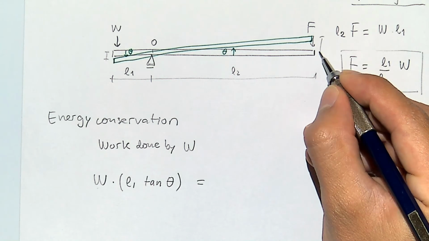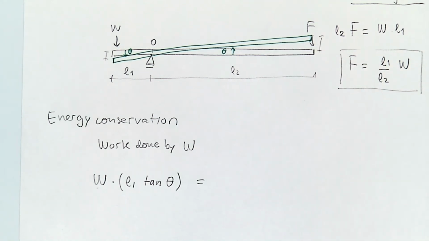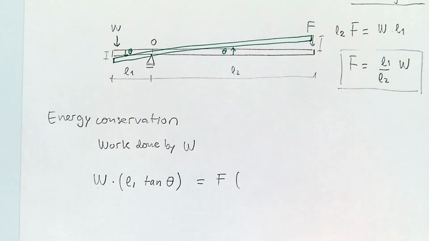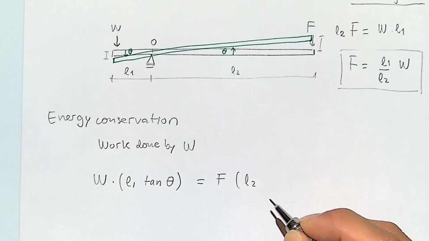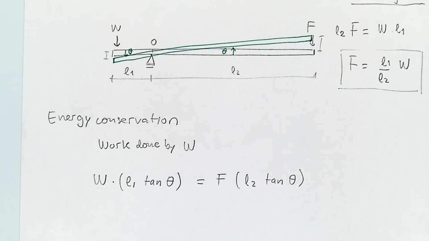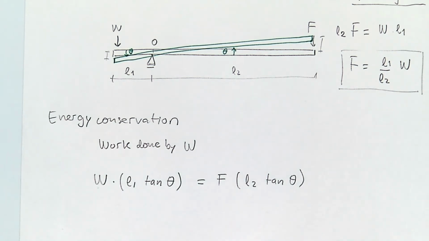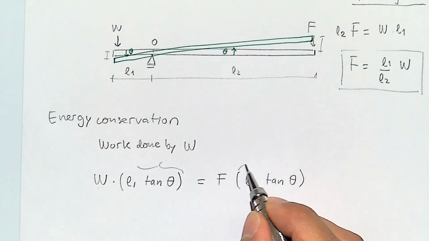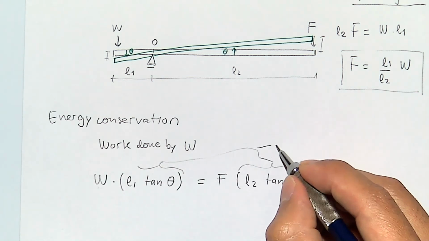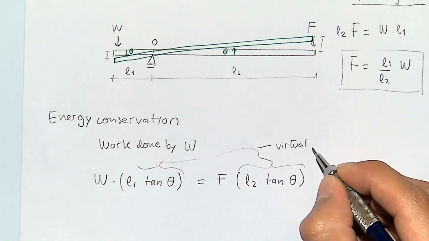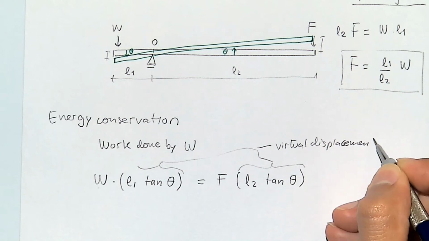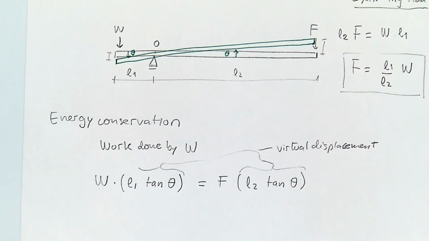Notice that this one has a longer displacement. And that's going to be F. The displacement is going to be L2 times the tangent of theta, where these two are displacements, and we're going to call it a virtual displacement because we just made it up.